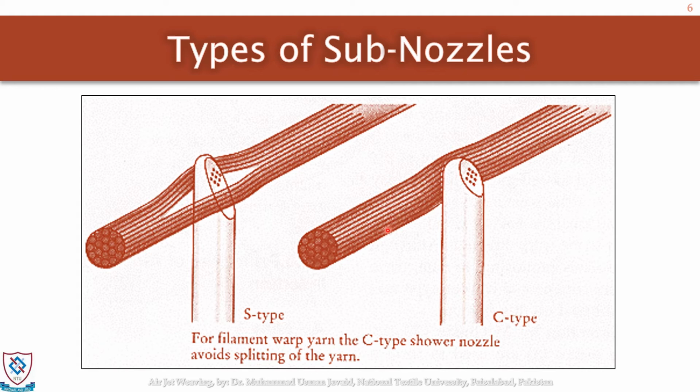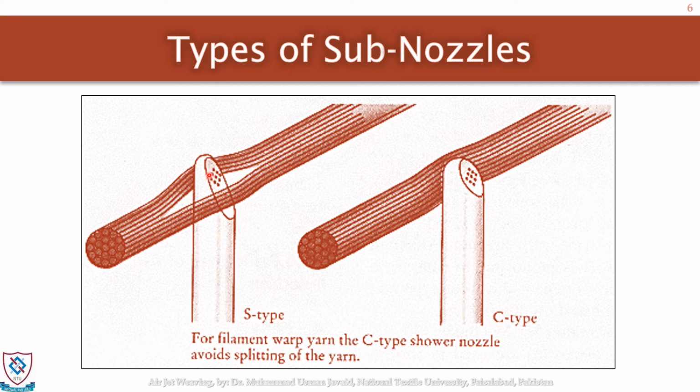There is a chance that the protruded end of the S-type nozzle may cause splitting of the filament yarns, and they may cause a bad effect or a bad appearance of the yarn. So the C-type nozzles may be used instead of S-type.